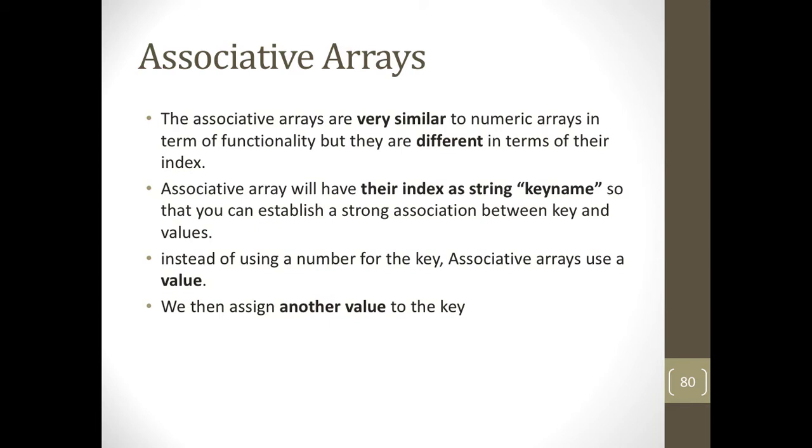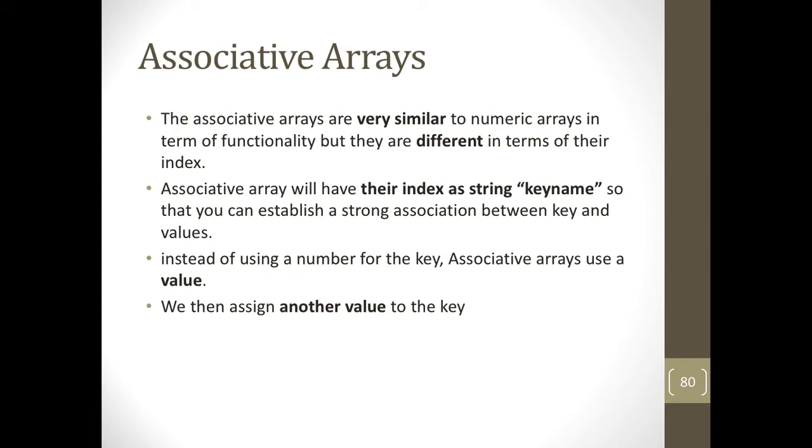For associative array, it's almost similar to numerical array or index array in terms of functionality, but the difference is only that you are changing the numbers into a string or alphanumeric. That's why associative array will have its index as a string. For an index array, you start with number 0, followed by 1, 2, and so on.